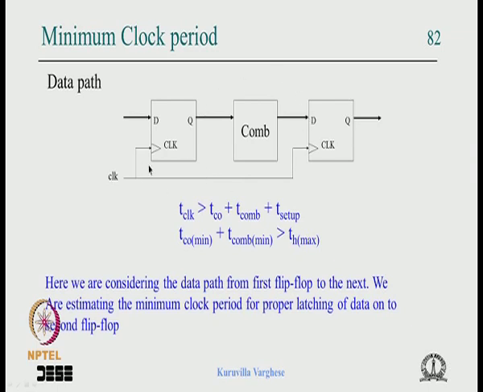Now what was missing in this analysis was that in arriving at these expressions, we assumed that the clock is reaching the source and the destination at the same time, which cannot be true in a chip. Depending on which way the clock flows, the destination could be lagging or leading the source in terms of clock arrival.